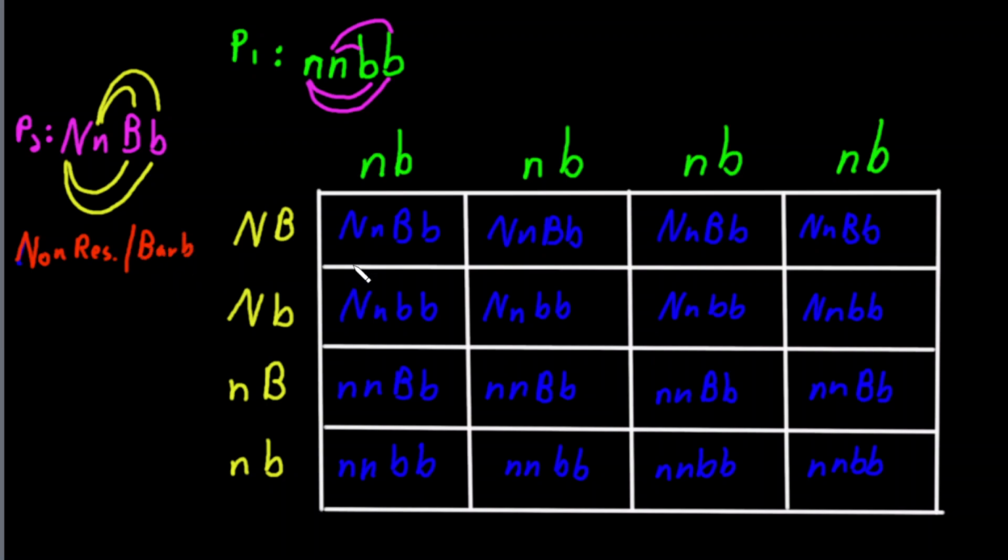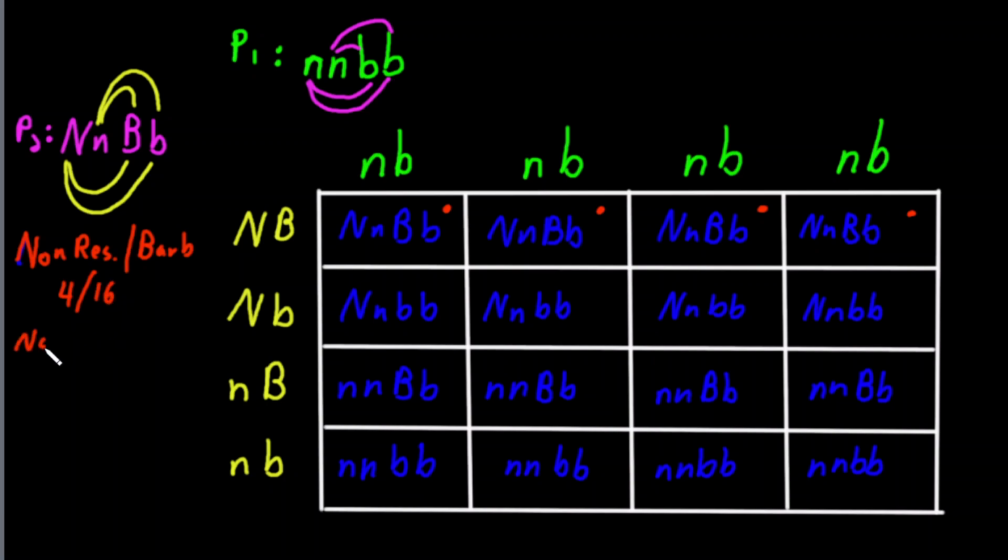Let's see how many of those there are. Non-resistant and barbed, 1, 2, 3, 4. This is non-resistant and smooth, and all of these are smooth. This is resistant and barbed, and then this is resistant and smooth. So non-resistant and barbed, we have 4 out of 16.